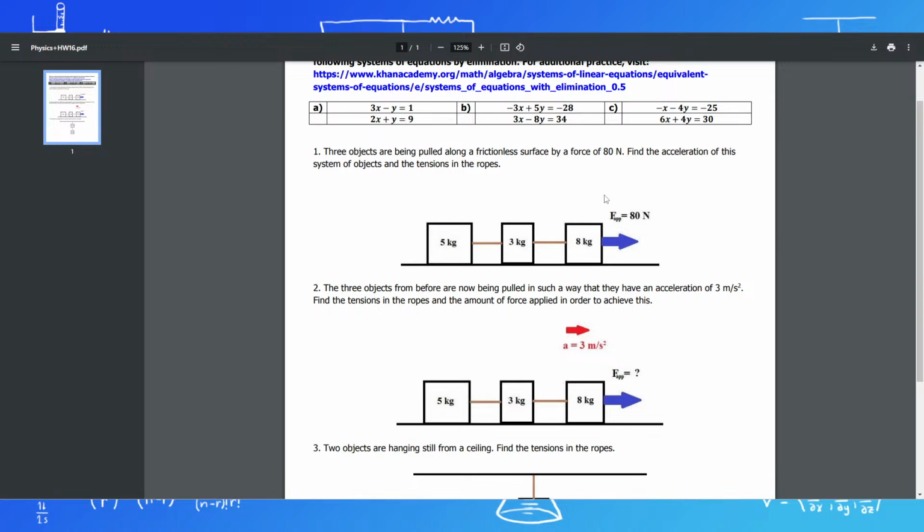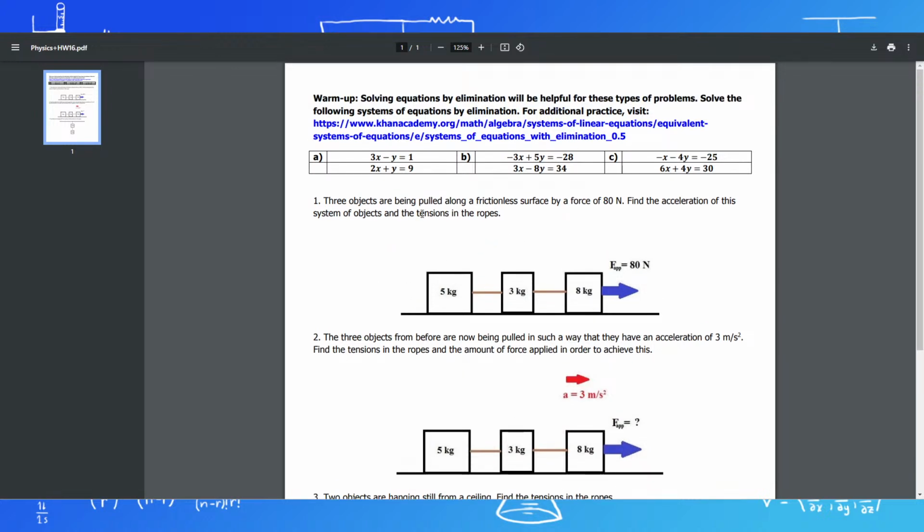You will usually end up writing equations for each object where you can put the equations together in such a way that some of your variables get canceled out through elimination. So if you want to go ahead and try that, you can.